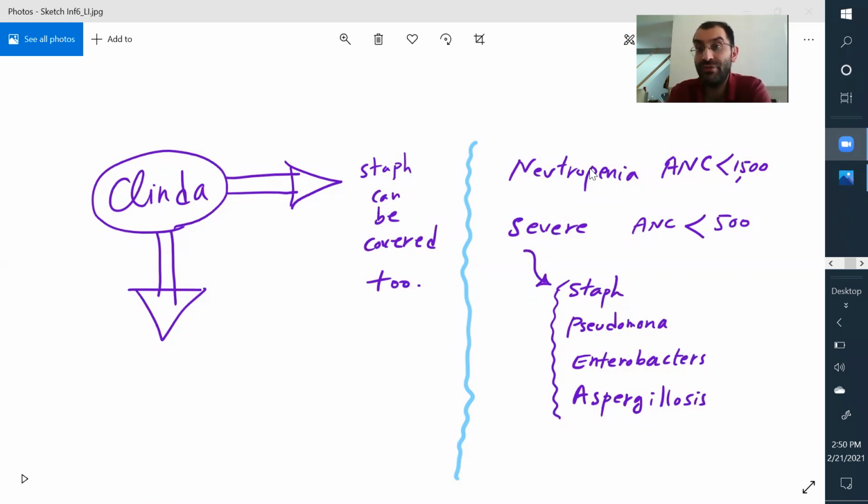Usually 55, 60, 65% of my white cells are neutrophils, PMNs, polymorphonuclears, right?